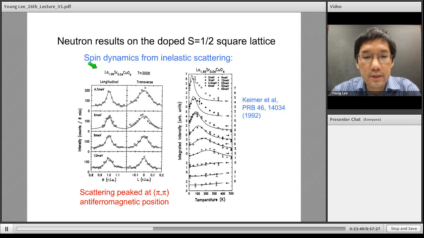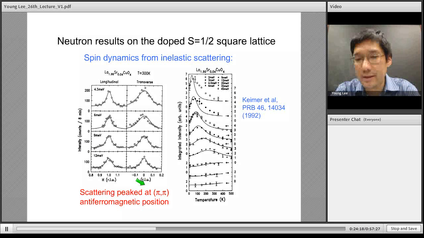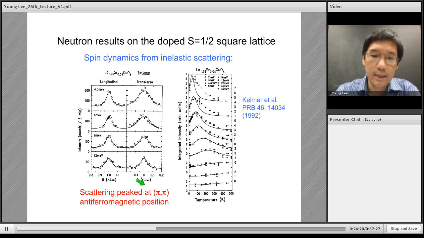These are at fixed energy transfers, 4.5, 6, 9, and 12 millivolts. When you scan at fixed energy, you get a nice peak that is always centered at the same position for the different energies, at H of 1. It's the 100 position, which is sometimes referred to as the pi-pi position. It is the anti-ferromagnetic wave vector position.